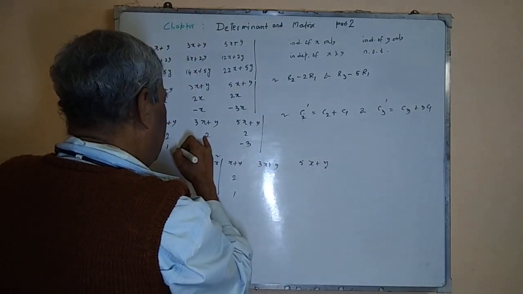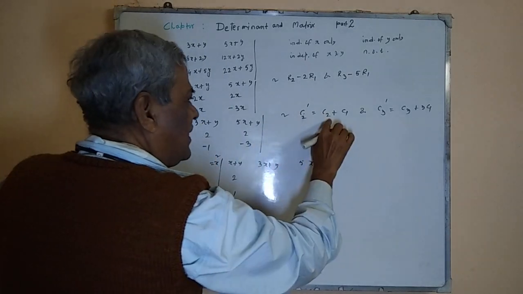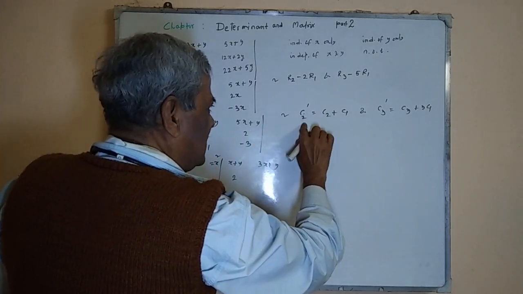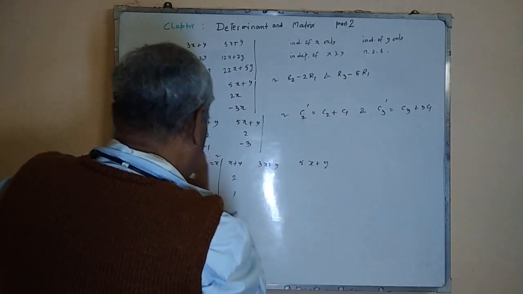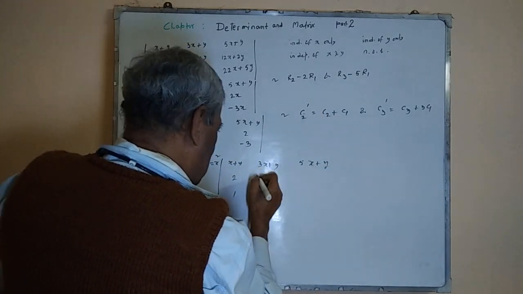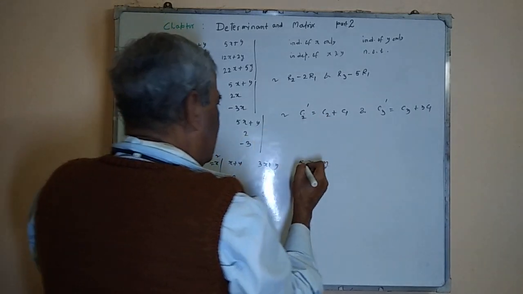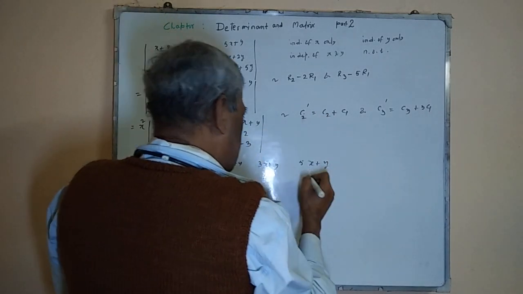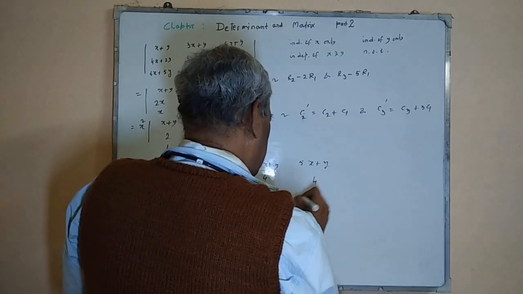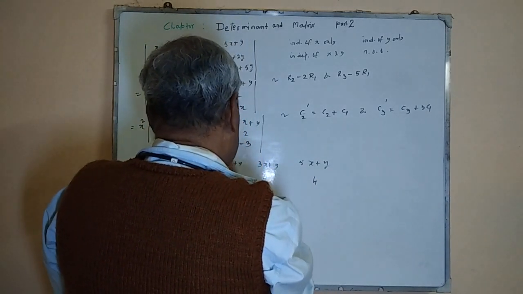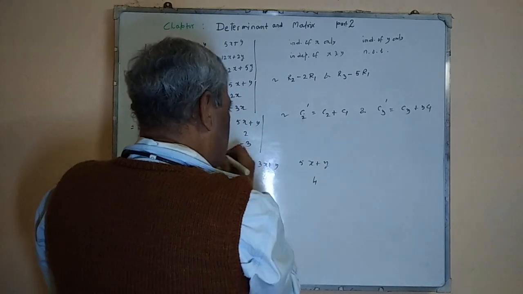Second column is C2 plus C1, so 4, and this is 0. This is this plus that is 4, and this is 0.